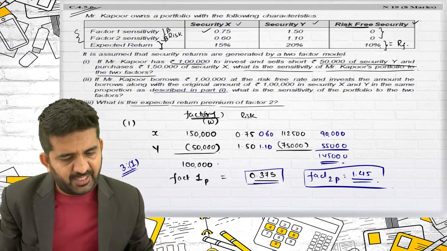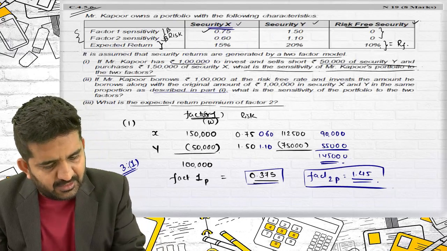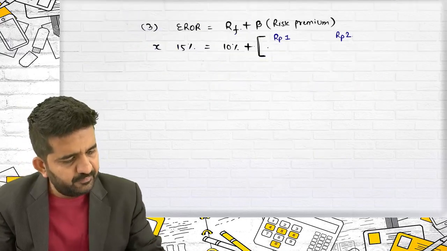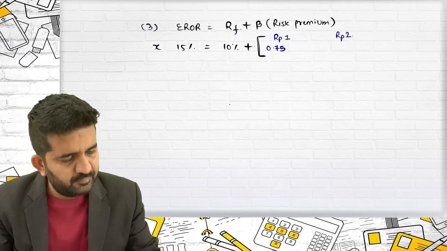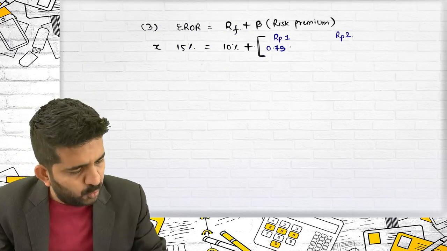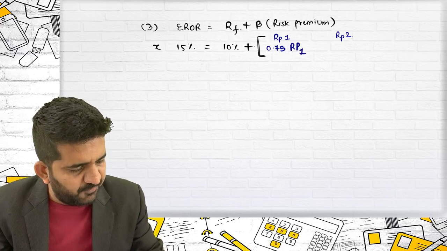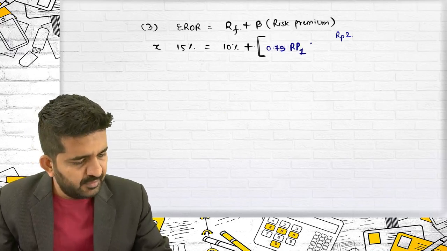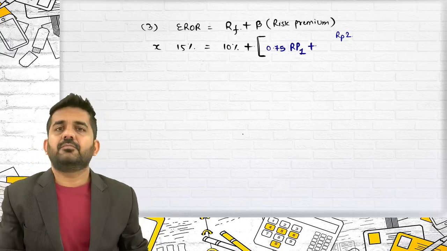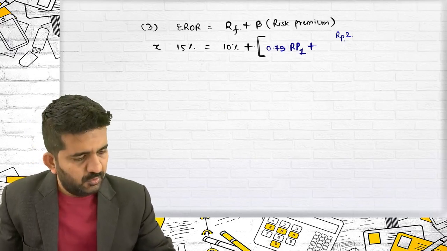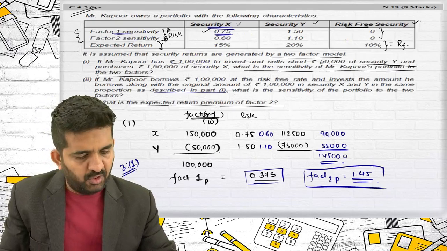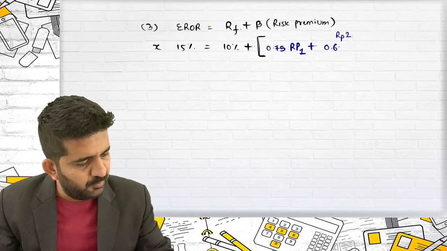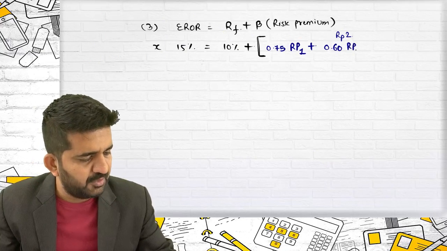For security X, the sensitivity to factor 1 is 0.75, into risk premium of factor 1, plus what is the sensitivity of factor 2 for security X? It is 0.60, into risk premium of factor 2.